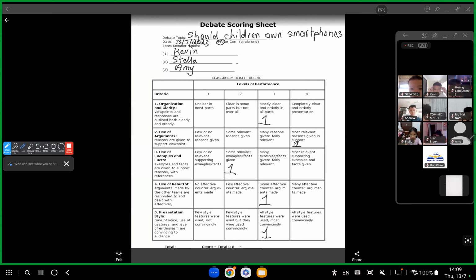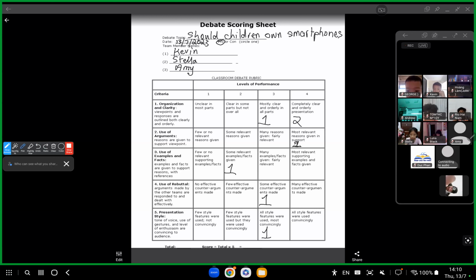So then Stella would get up and let's say her organization and clarity were exceptional. Her use of arguments was pretty good. I should be giving those 2s because Stella's speaker number 2. So Stella's organization was fantastic.